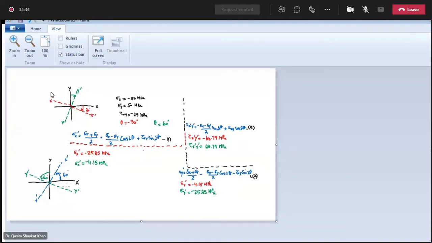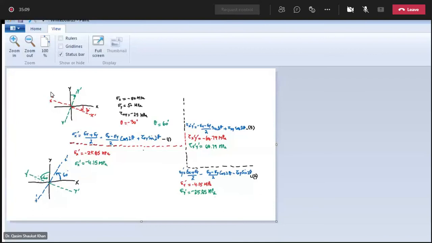So when you calculated sigma x dash over this axis, it was minus 25.85 megapascals. Now when you calculated the transform normal stress sigma y dash, this was again minus 25.85 megapascals. So sigma x dash and sigma y dash are the same.